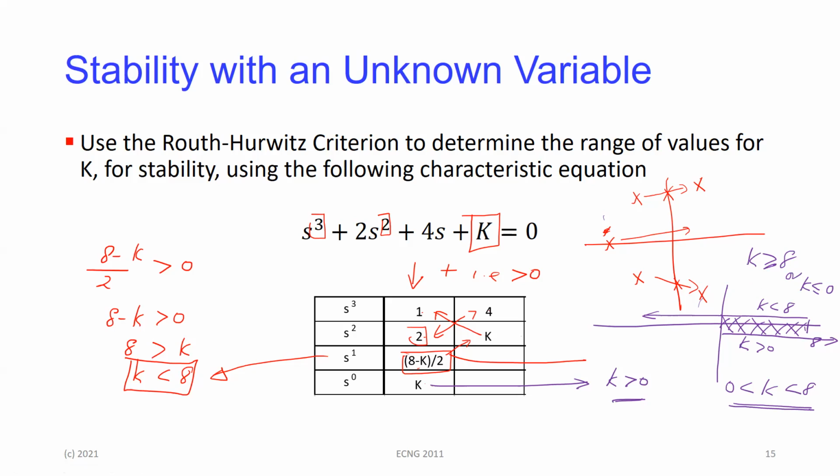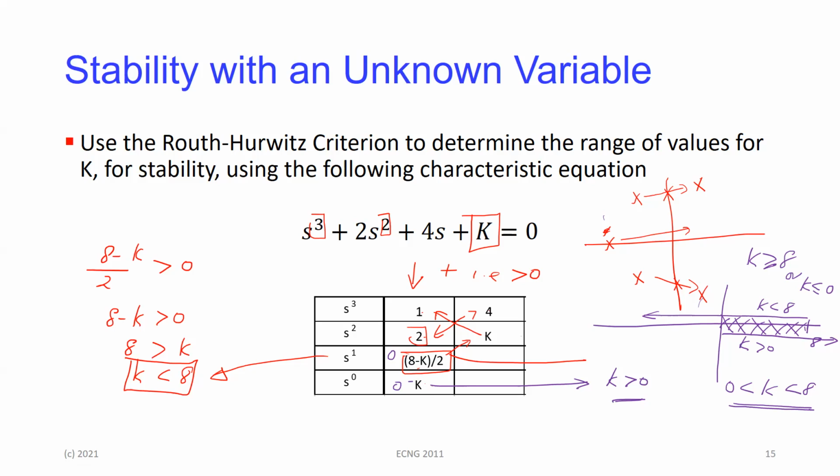Somebody said flip the sign, but remember the equal part. If you put k equal to 8 here, you get a 0 here. Remember that is marginal stability where it oscillates. If k is less than 0, of course, you have a negative sign immediately here, so the system immediately becomes unstable.